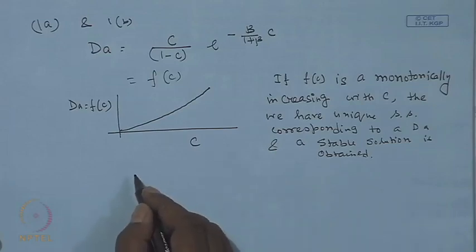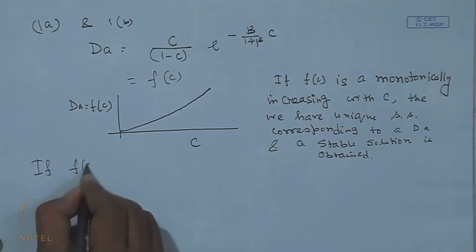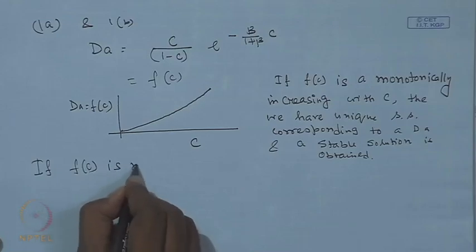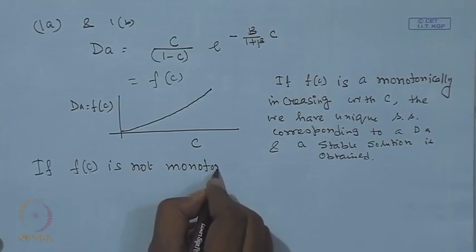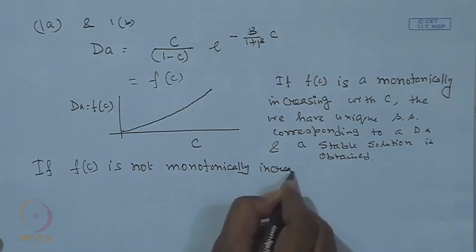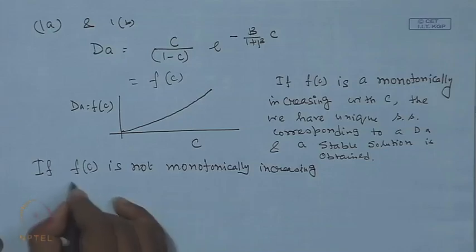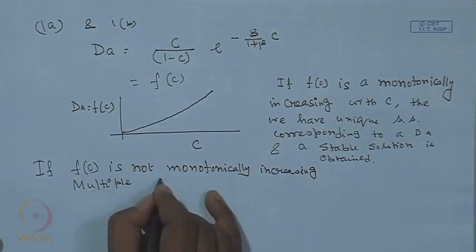On the other hand, if f of C is not monotonically increasing, then we will be landing up with multiple steady states.